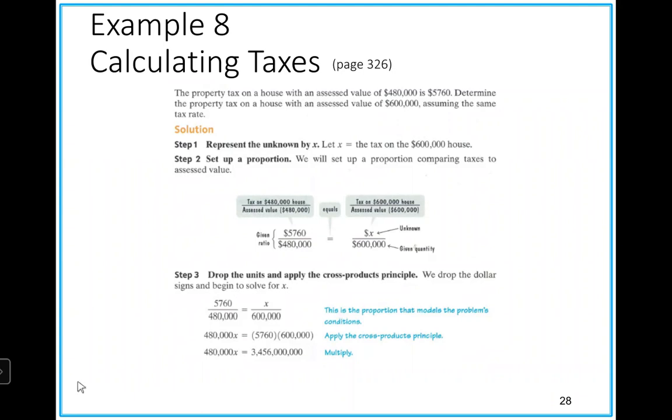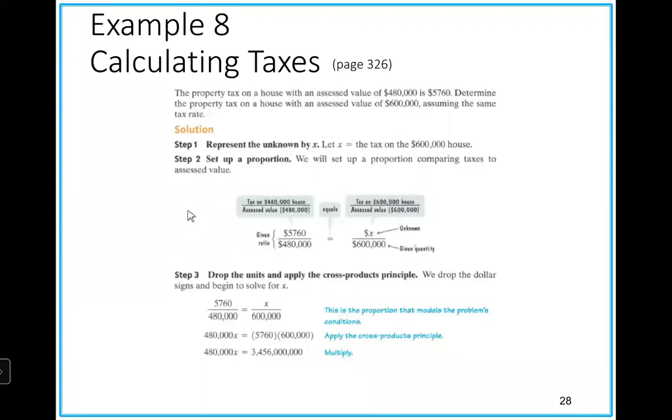So if you know the tax for a house of a certain value, you should be able to figure out what the tax should be for another house of a different value once the rate is the same. What we are trying to find is the unknown, so we let x be the tax on the $600,000 house.